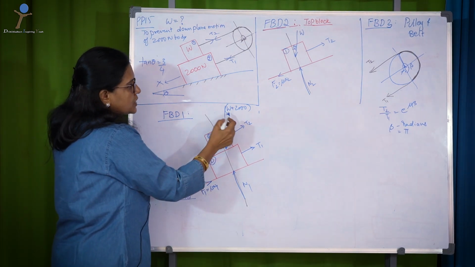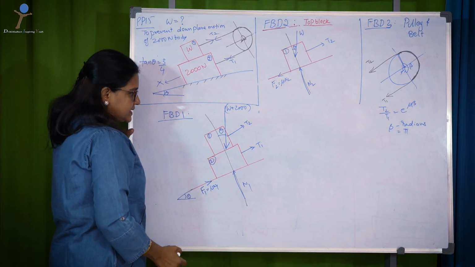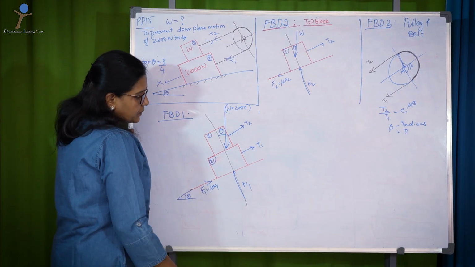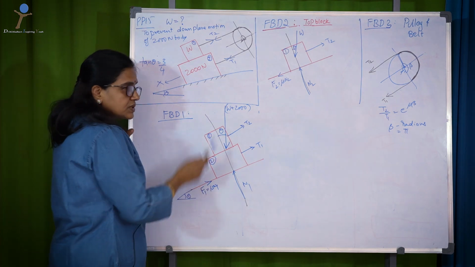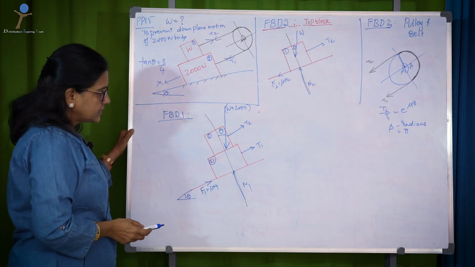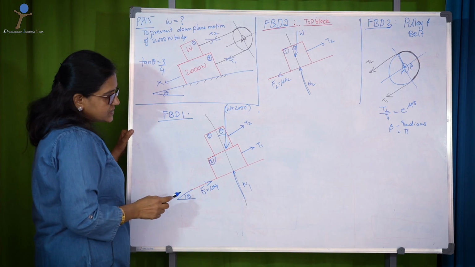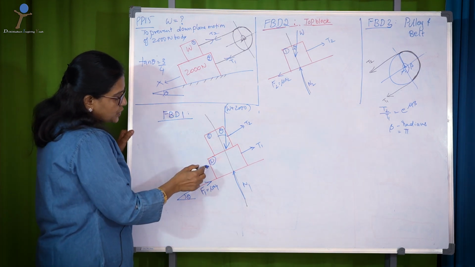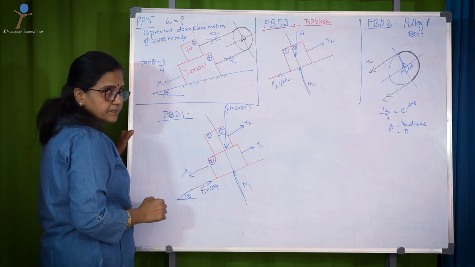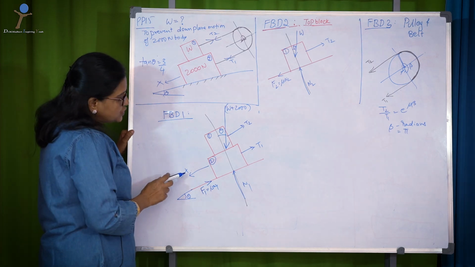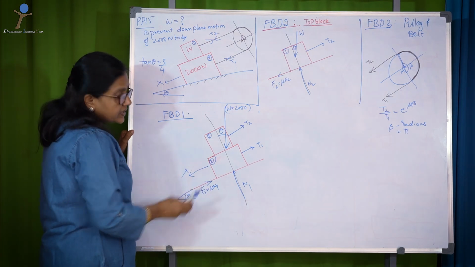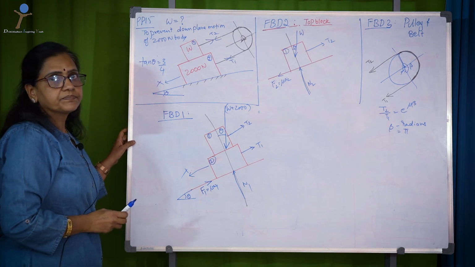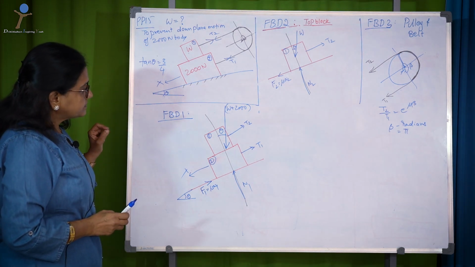Then W plus 2000 is acting in the vertical direction and N1 is the normal reaction by the inclined surface onto the bodies. Our interest is that this should not move down, so there should be a frictional resistance acting in the upward direction.